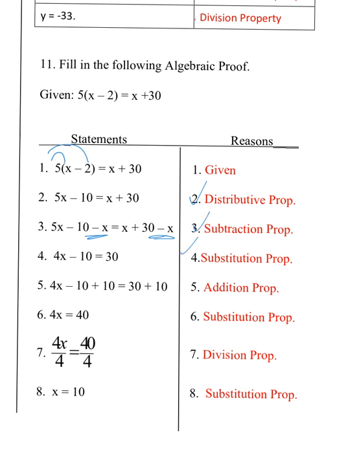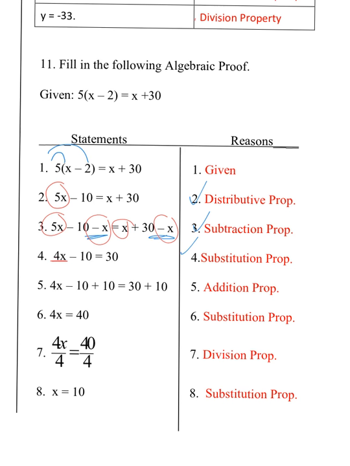So, again, just so we're clear, the reason it's technically allowed to be called substitution is that they are substituting 4x for the 5x and the minus x. You could call it simplifying, combining like terms, but you are substituting the simpler value for what you had there. Here, the x and the minus x cancel. That's why 30 is by itself.